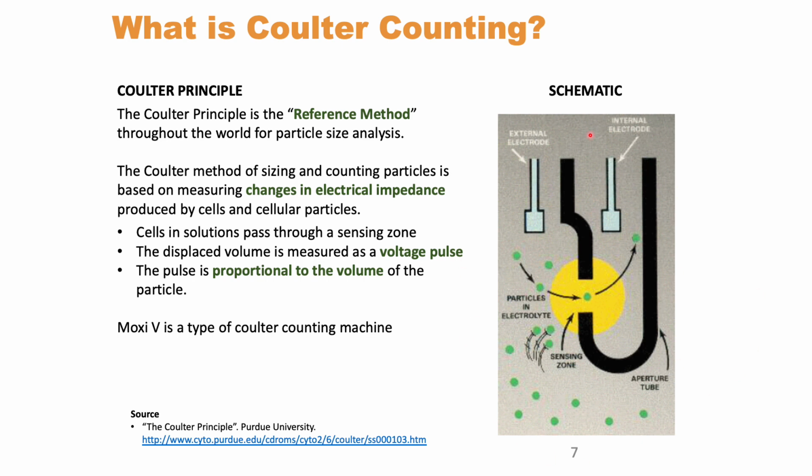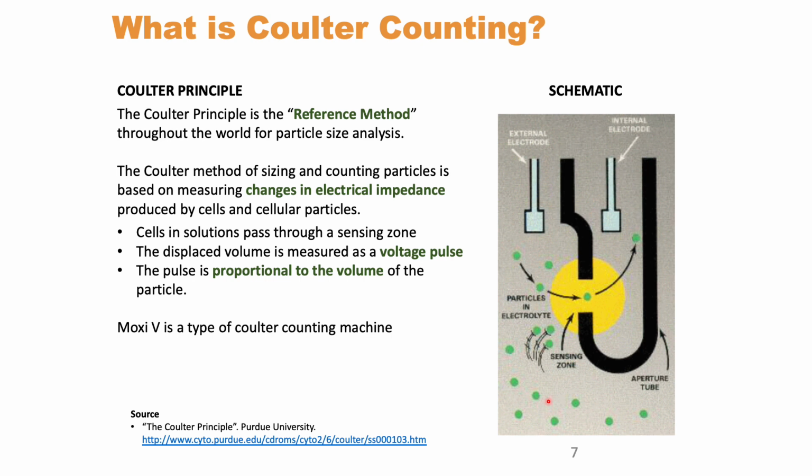So here's a schematic. You have 2 electrodes that are going to create a gradient here. The cells, one by one, will pass through the gradient and disrupt this electric gradient. They will block it. The bigger the cell is, the less voltage that will be able to pass through the gradient, and so the bigger the block.